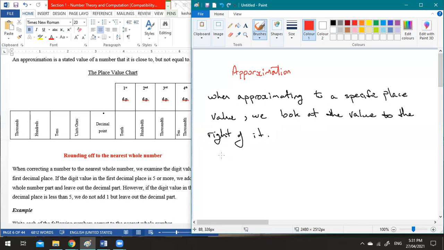Two scenarios. If the number to the right is greater than 5, we add 1 to the place value.